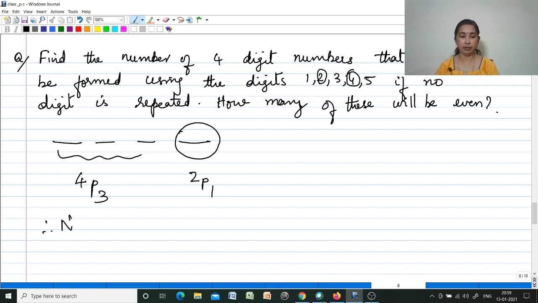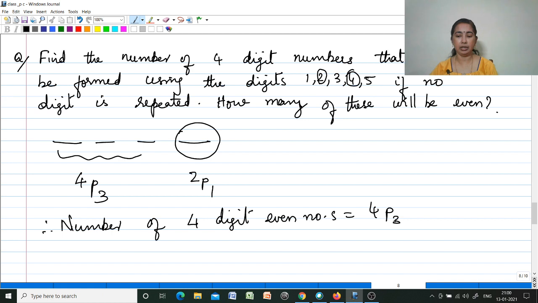Therefore, the number of 4-digit even numbers is equal to 4P3 into 2P1, and 4P3 means 4 factorial divided by (4 minus 3) factorial, that is 1 factorial, into 2P1, which is 2.